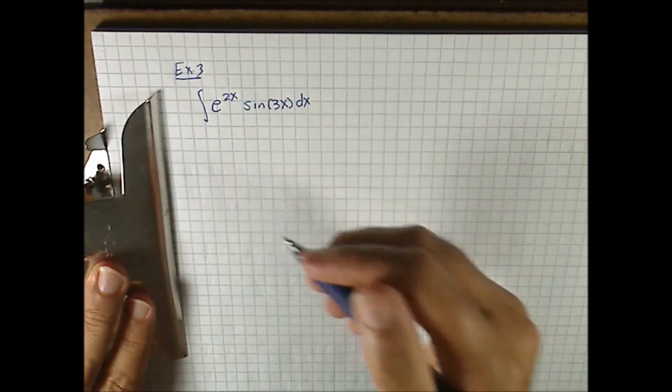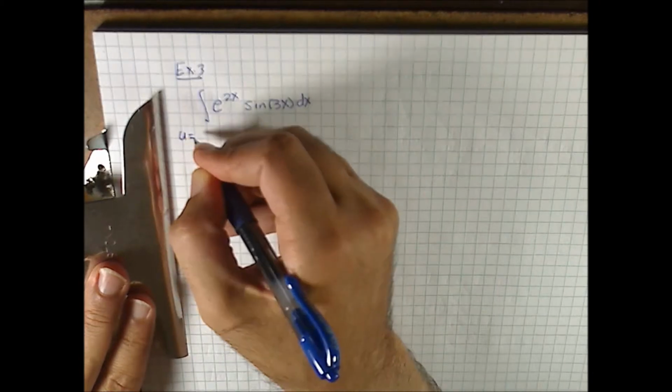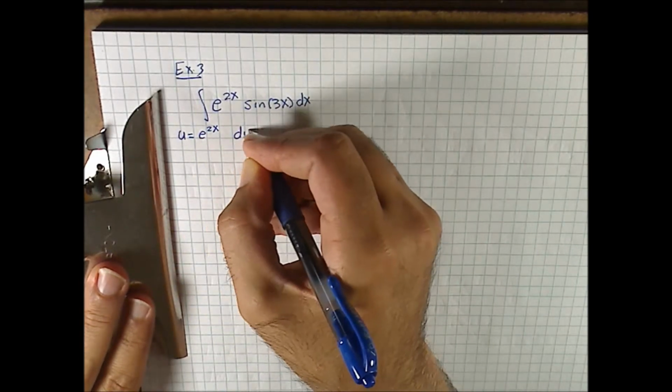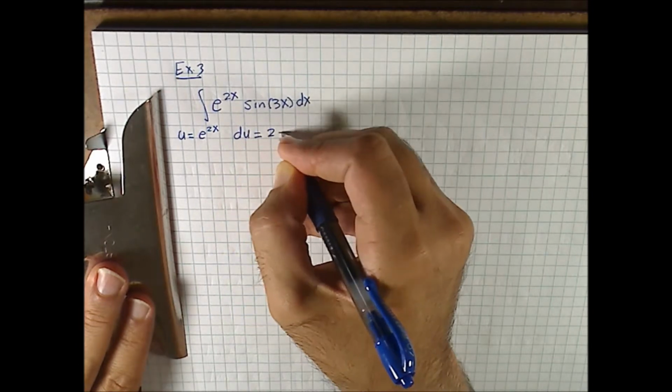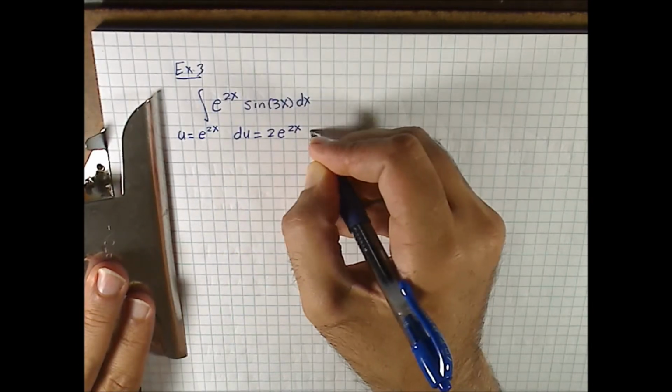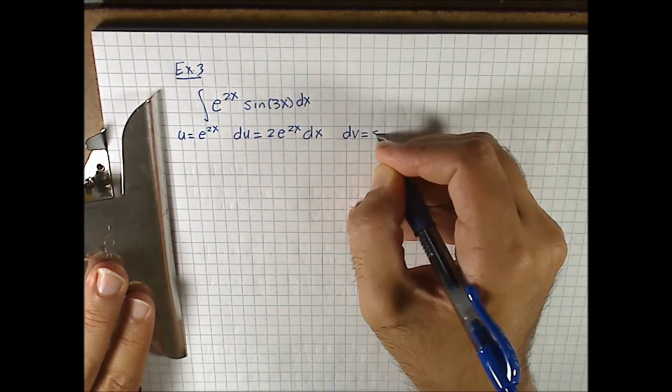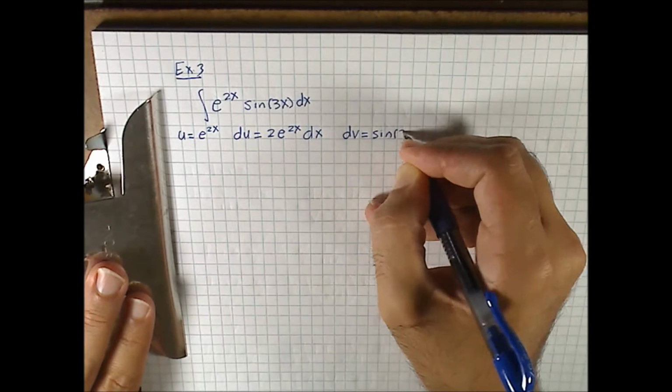So let's let u be equal to e to the 2x. du is 2 e to the 2x dx. dv is equal to sine of 3x dx.